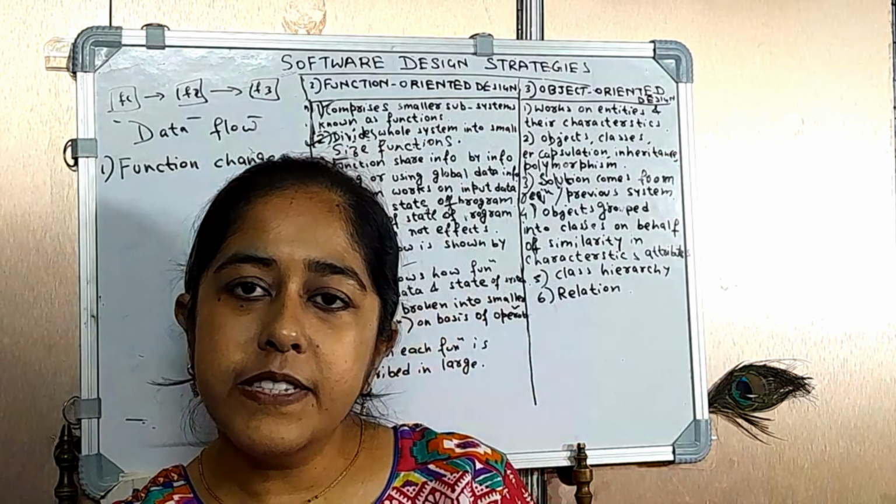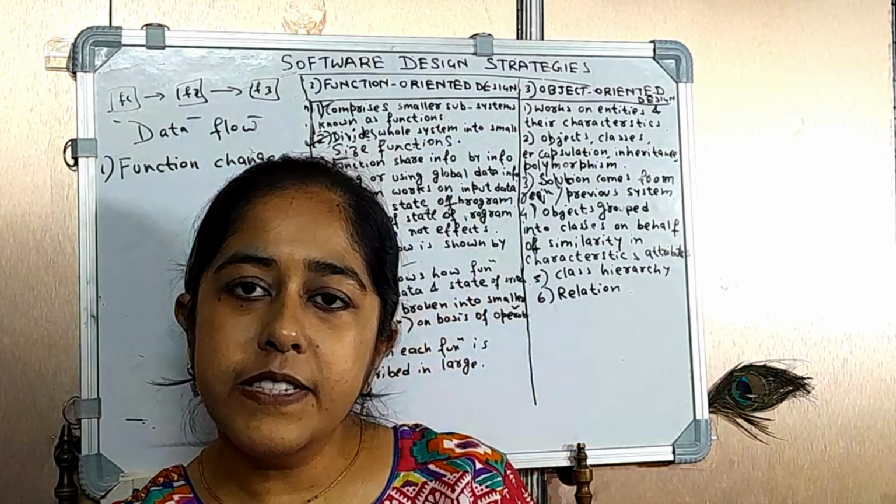This is shown by your DFD, how the working is changing, how the data flows from this function to that function. And the second thing it shows is the state of your system. These things are shown by the data flow diagram. We will see this in the next class.